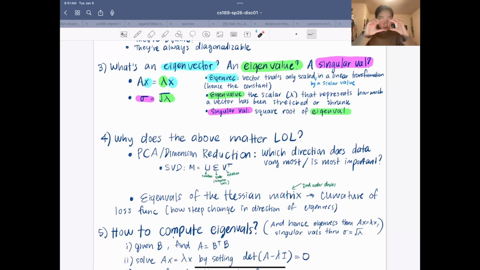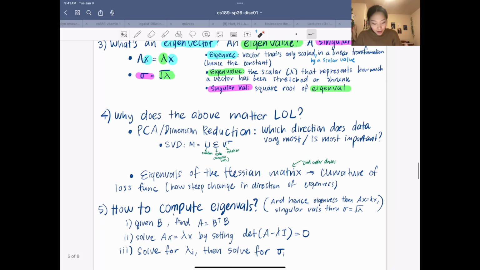Well, it represents how much variance there is in the data along a specific direction. Perhaps going along one direction there's more variability than along some other direction. And so as a result, you want to prioritize the features that are the most important, the ones that have the most variance. This is what this middle matrix can tell you, and that's what PCA can tell you, and thus we can reduce dimensions when we have a lot of data.